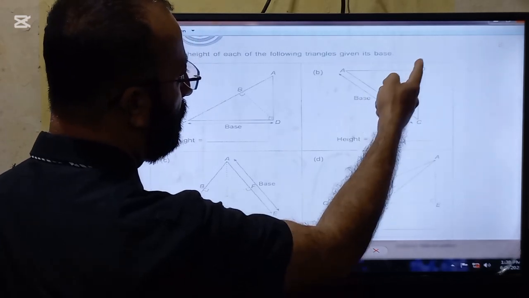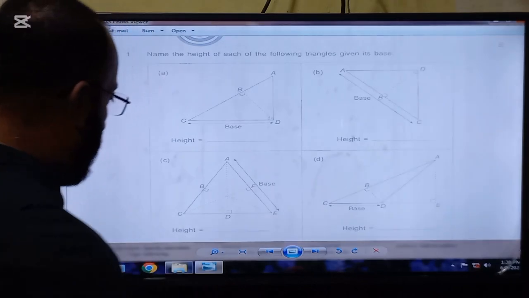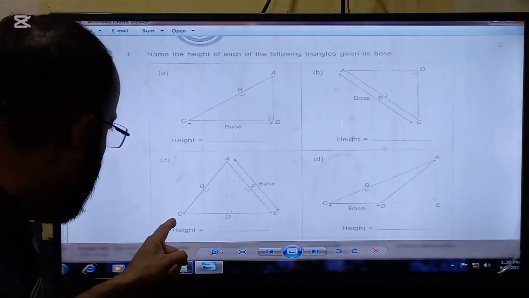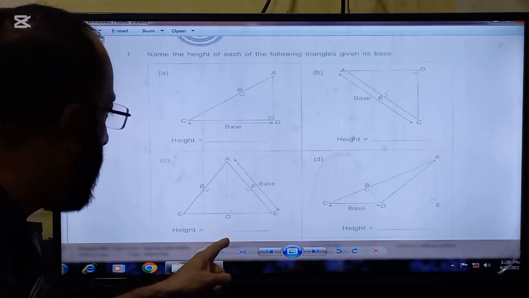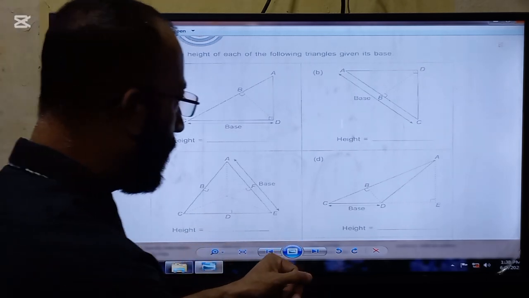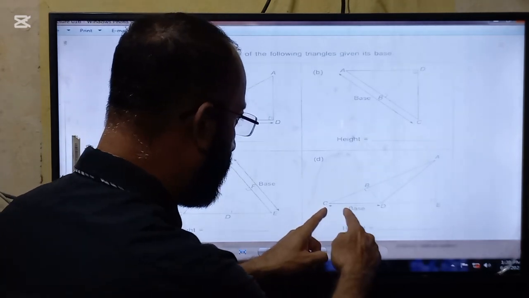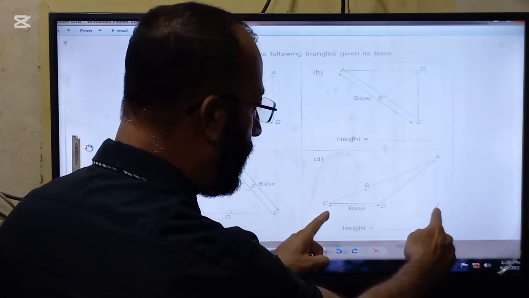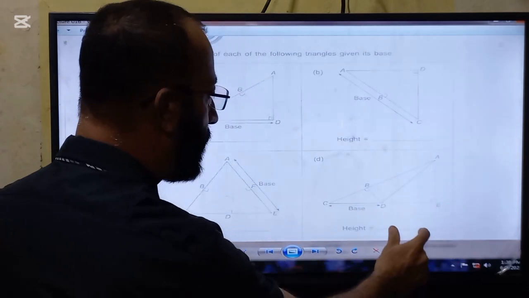This side DB is perpendicular to the base, so DB is the height. In C part, this is the base, and this side CF is perpendicular to the base, so CF is the height. In D part, this is called the base. We will extend it, and this length AE is perpendicular to the base. So AE is the height.